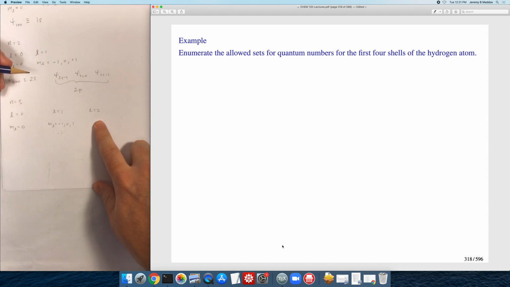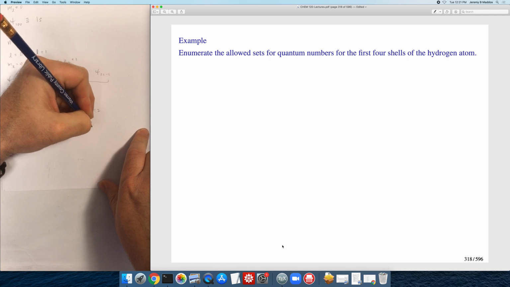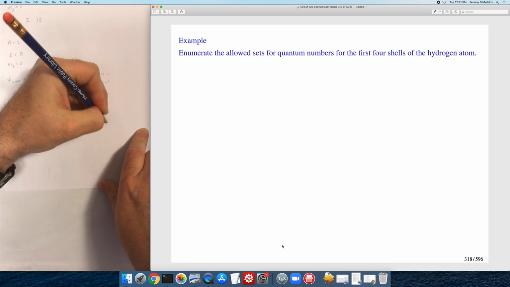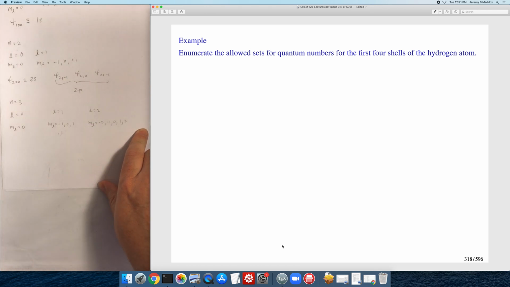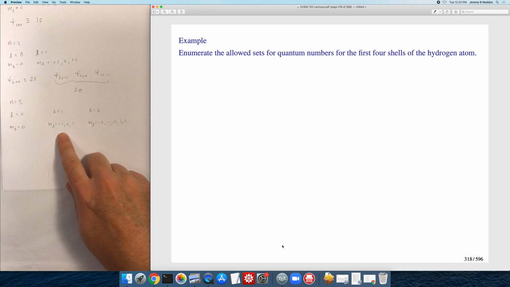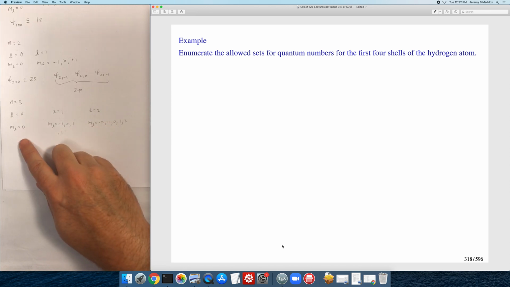For L equals 2, there are five possible values of m sub L: -2, -1, 0, +1, and +2. So we're going to wind up with 5 unique orbitals for this subshell, 3 unique orbitals for this subshell, and only 1 unique orbital for this subshell.